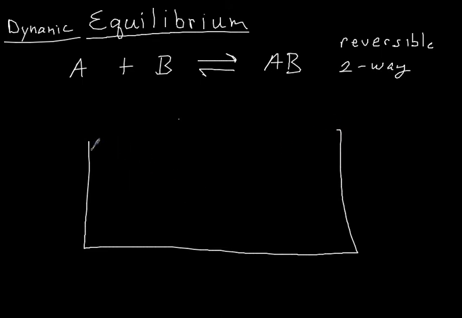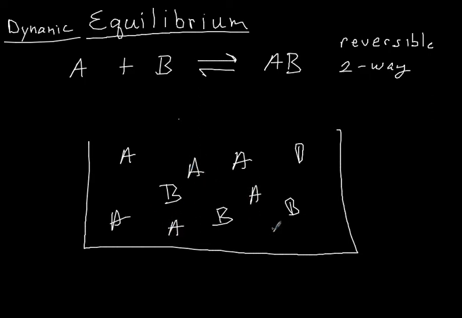So I've got a beaker here. It's got atoms A and B in it, a whole bunch of those atoms. And initially, as this reaction begins to proceed, there's none of the AB molecule.